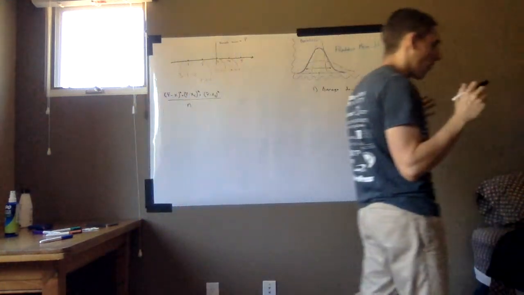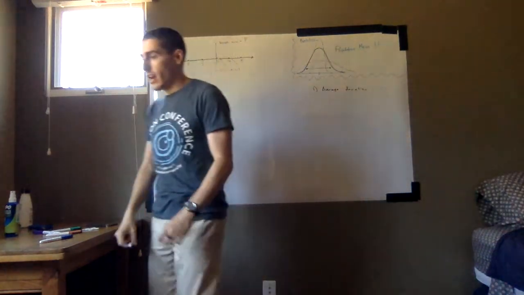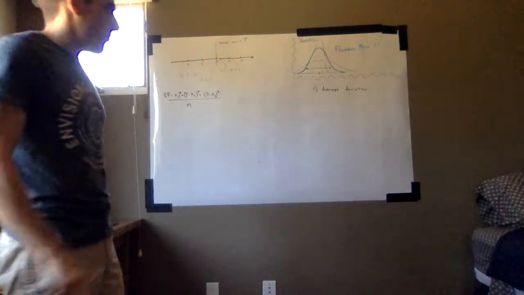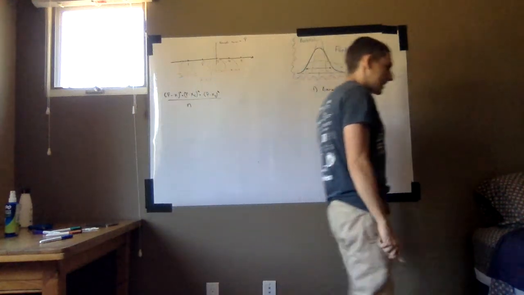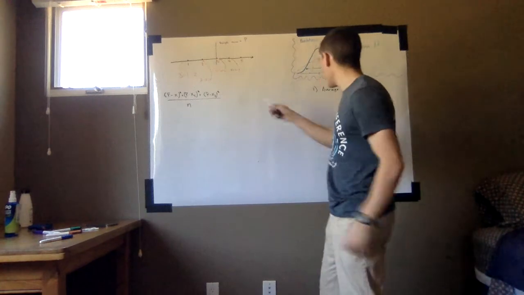You might ask why you don't take the absolute value of each of these terms. So the first thing that I want to say about that is, first I'm just going to write this here.